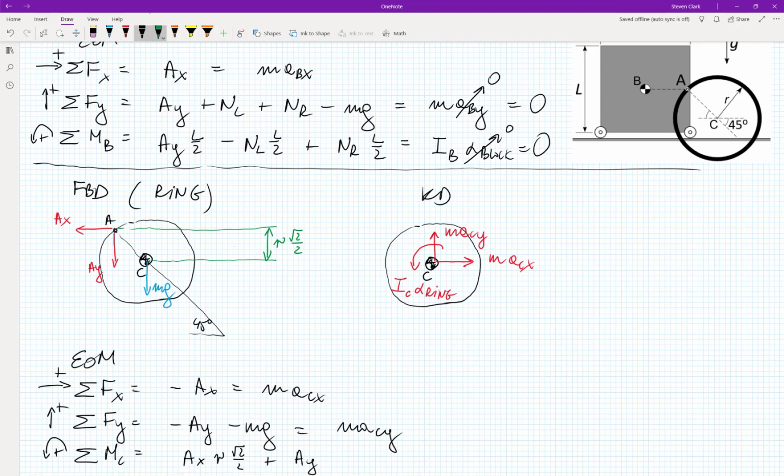And now AY times this distance, and that distance is again R square root of 2 over 2. And positive or negative? Positive. So this is equal to IC alpha ring.